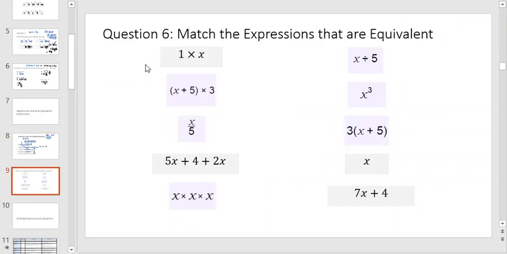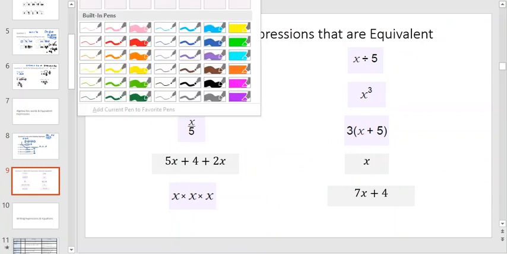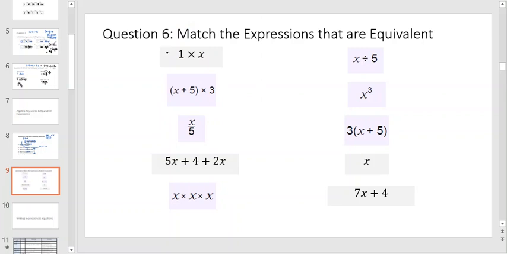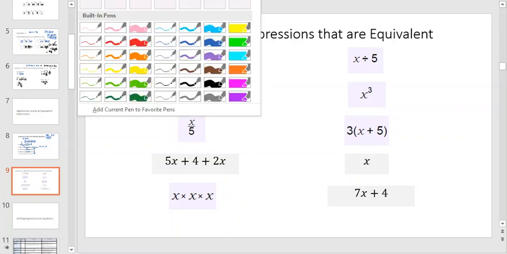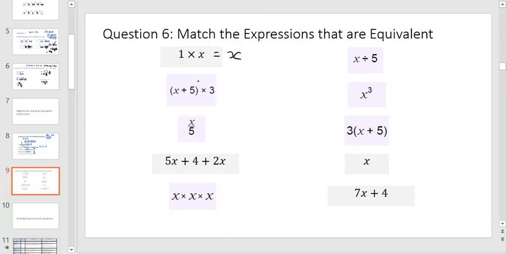Okay, question 6 says match the expressions that are equivalent. So we know with algebra, we can rearrange, we can simplify expressions or terms that are given to us. And by doing that, we can actually see if they're the same as something else. So 1 times x, I know I can just write it as x, okay? So we'll do this for most of these questions here.